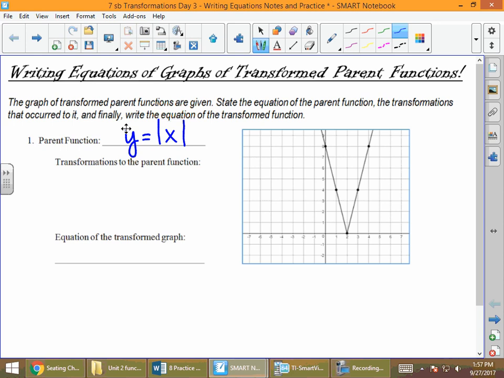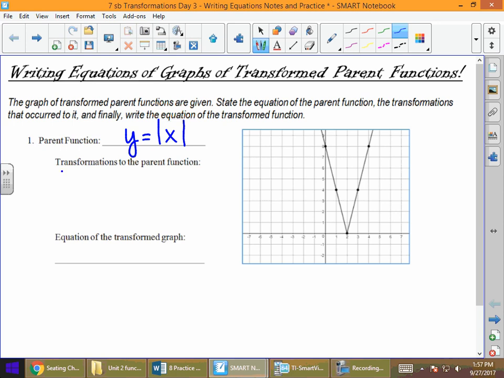Now that we take a look at that, we've got a couple things, and you do not have to list these in any specific order. We just want to have what's happening to this function. Is there something that you notice right away in terms of transformations? And she says it got smaller, but when it got smaller, it also got kind of taller.